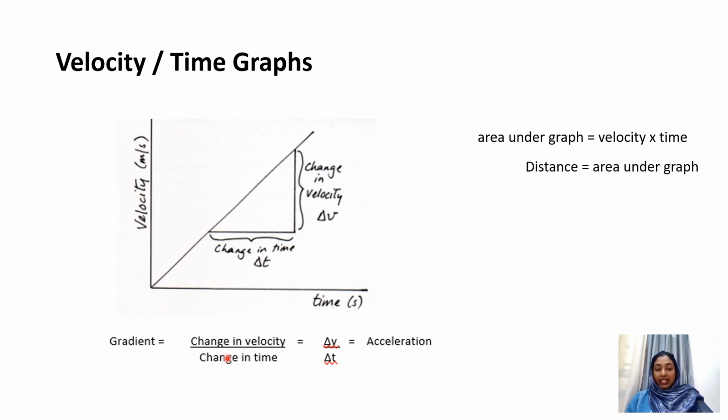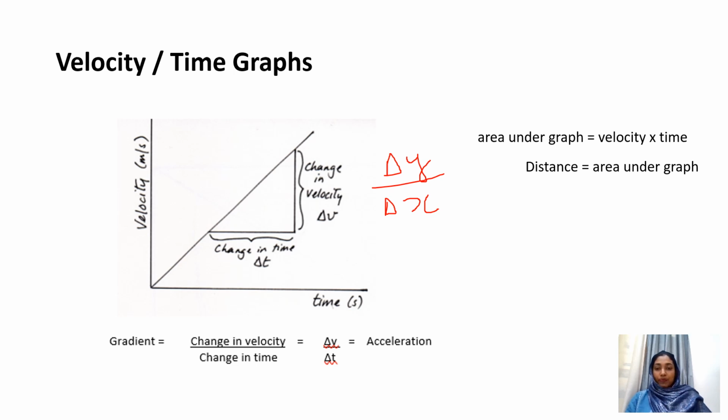Gradient is the change in y-axis with respect to x-axis, so delta y by delta x gives the gradient. Here the y-axis is velocity, and the x-axis is time. So gradient is change in velocity by change in time, that is delta v divided by delta t.